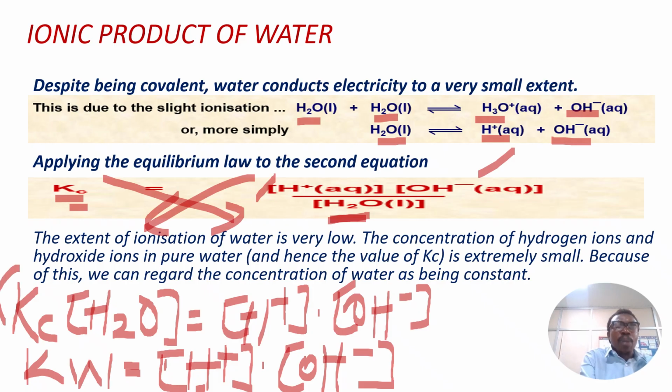This constant Kc multiplied by the constant concentration of water, which is a constant, generates a new constant known as what? Kw, which is the concentration of the hydrogen ion multiplied by the concentration of the hydroxide ion, to give us a new constant, which is known as the ionic product of what? Water.